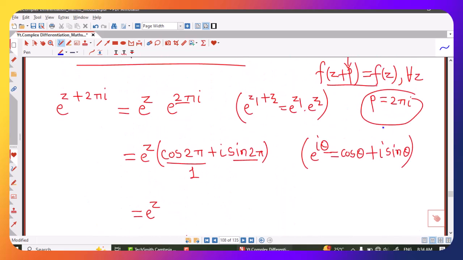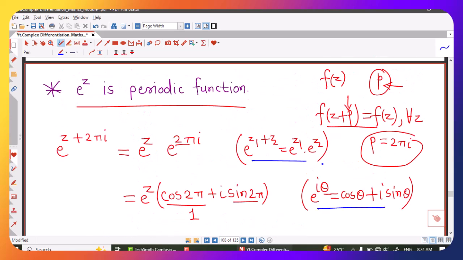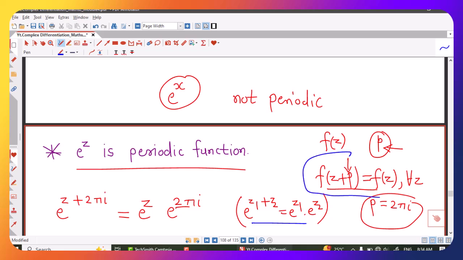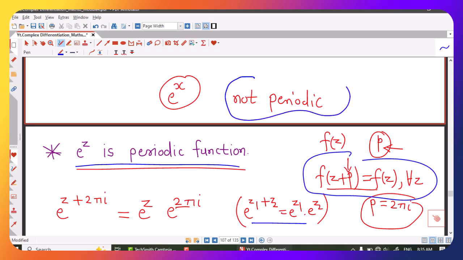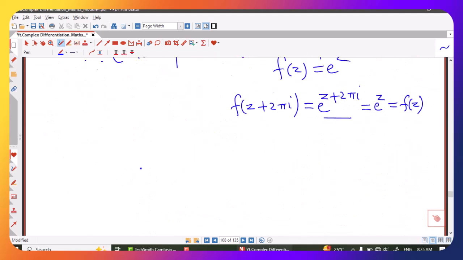To prove this property, we have used this property of exponential function and this Euler's formula and the definition of periodic function. So remember, this is a very important property, and it is not similar to the real exponential function. The real exponential function is not periodic, but the complex exponential function is a periodic function.